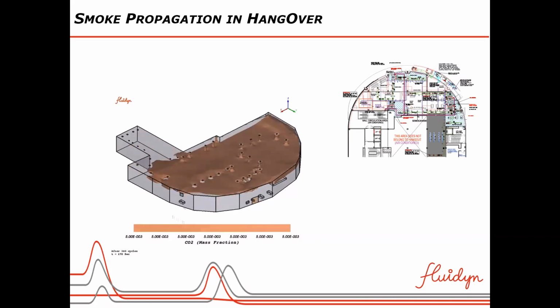Basically, we can say it's a forcing function. This is smoke propagation in ventilated conditions: if a fire happens, how it spreads, and once the fire is extinguished, how much time it will take to evacuate the smoke. That was the main interest in this study.